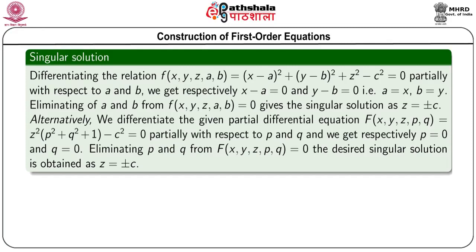So, if we substitute the values of p and q in the given equation, we will find a solution z equals plus minus c. This is a singular solution, and we are getting the same singular solution which we have obtained by eliminating a and b from the general solution.